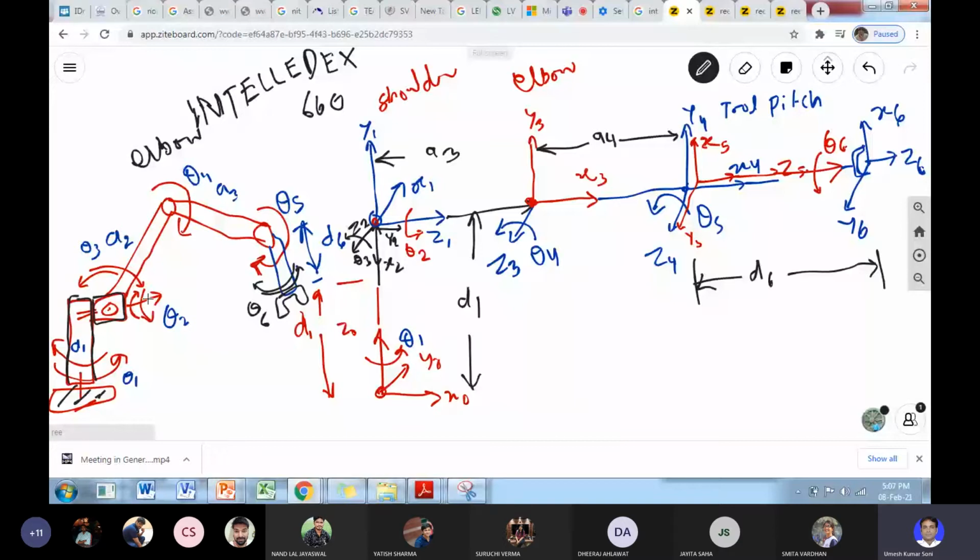The angle of the whole assembly can be changed, theta 2, and the angle of the link can be changed, that is theta 3. The length of this link is A2, the length of this link is A3. Here I will show you the axis. Okay, this figure you can understand.